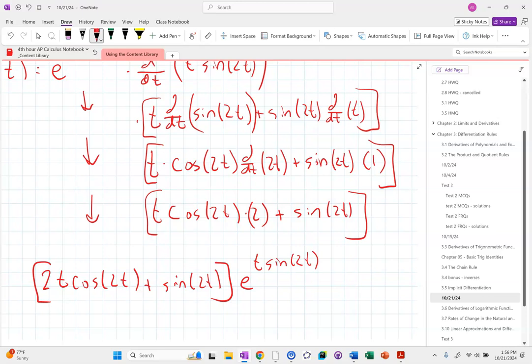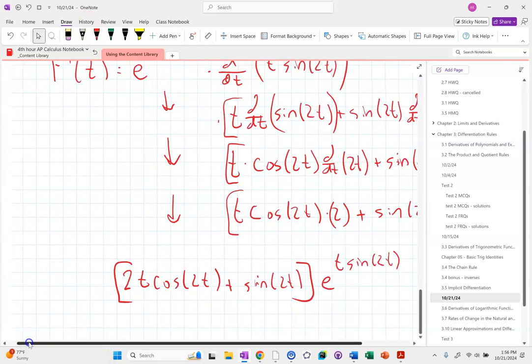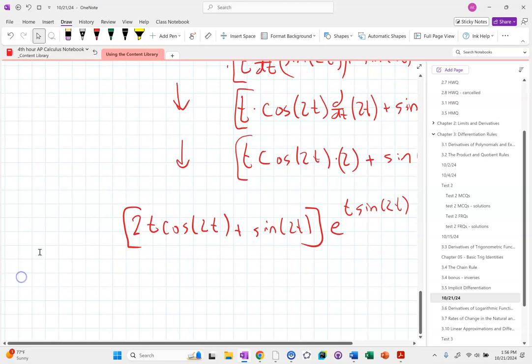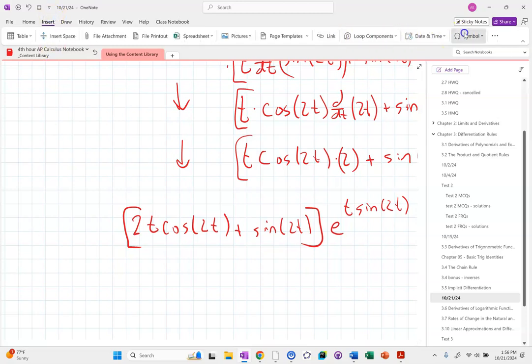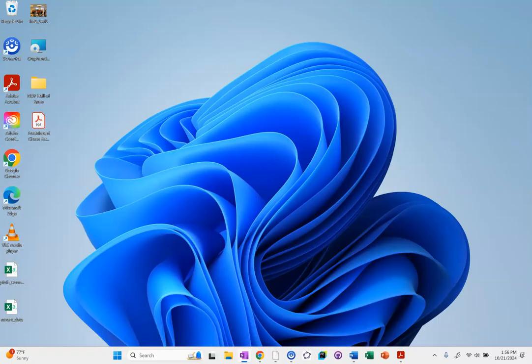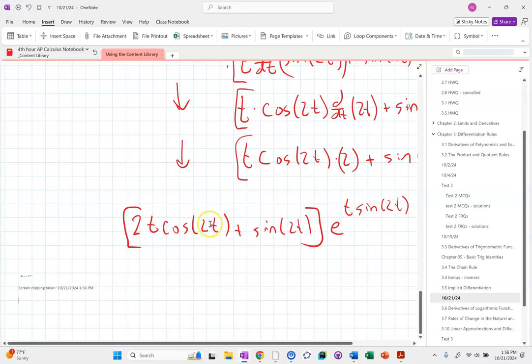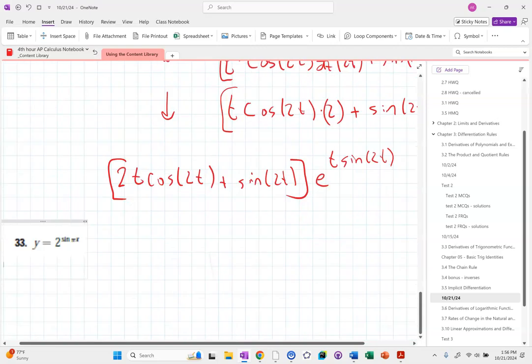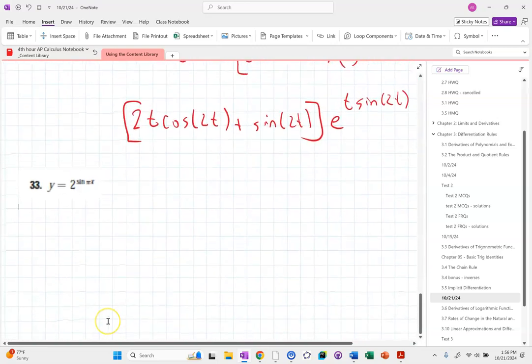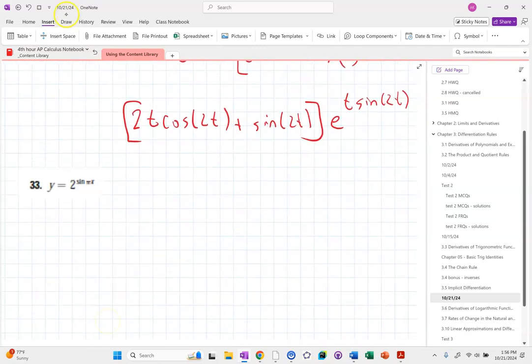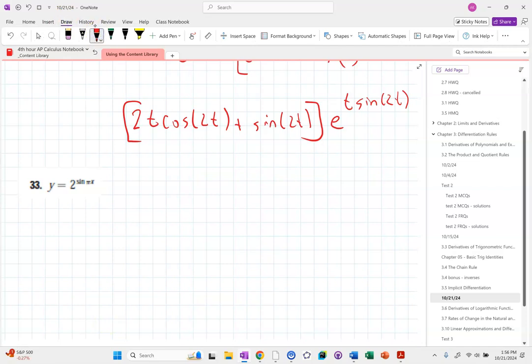Michael K. again. Can I do 33? Same section, 33. Sure thing. Okay. So I have 2 to the sine pi x. When I look at this, I see two chain rules, right?